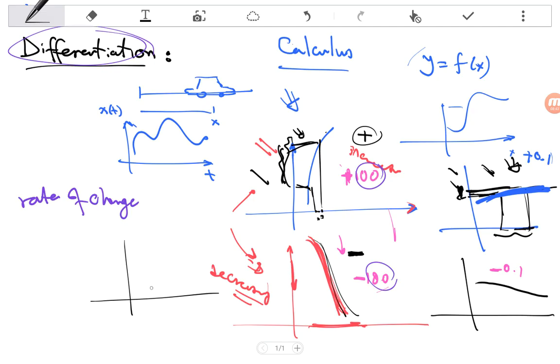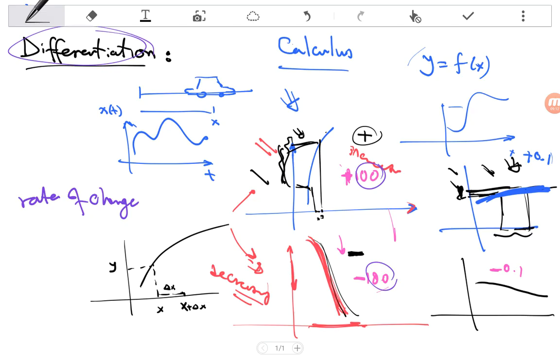For example, if I had some relation like this, and we have here for x there is an output y, and I would assume that there is a difference delta x. So what would be that number? It would be x plus delta x.